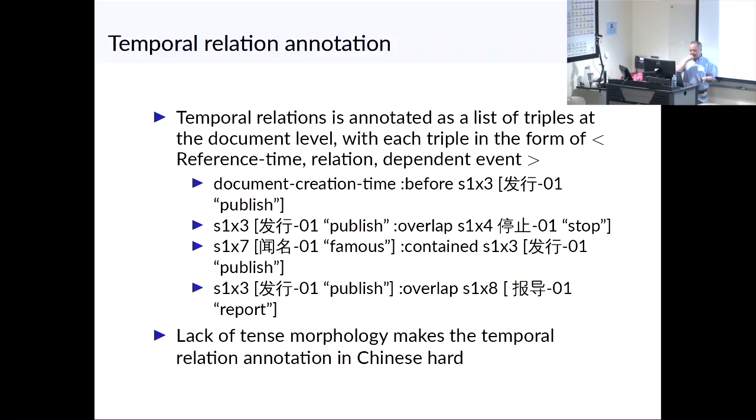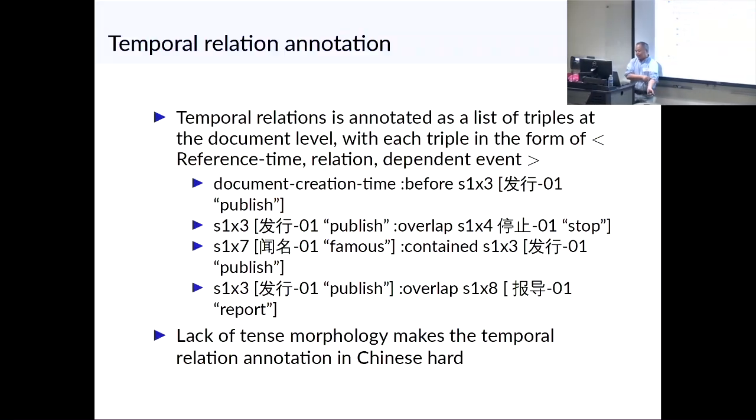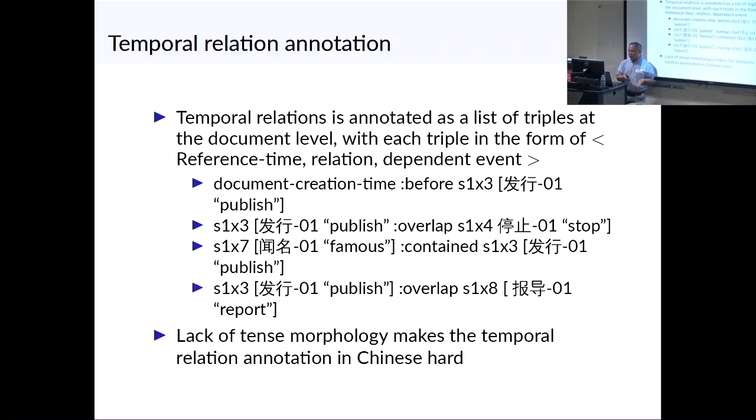So I think a question arose this morning: if you always use the other event as a reference point, do they happen in the past or the future? Ultimately you have that kind of question. But hopefully, if you got all the relations right in the entire document, at least some of them should be in reference to the documentation time.